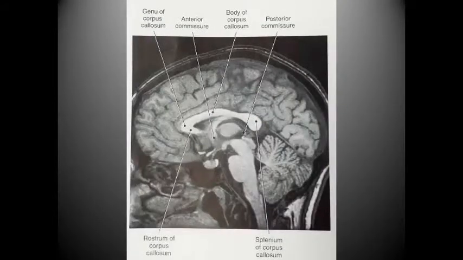Sagittal view, we get a very, very excellent look at the brain. We have the frontal lobe, parietal lobe. We have the occipital lobe, we have the tentorium cerebelli. We have the fourth ventricle.